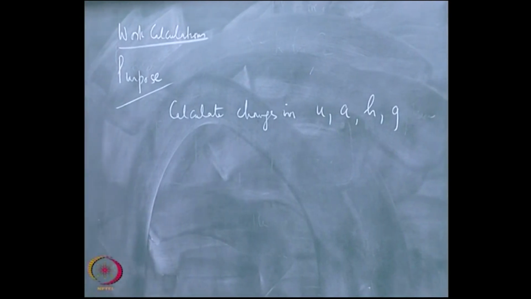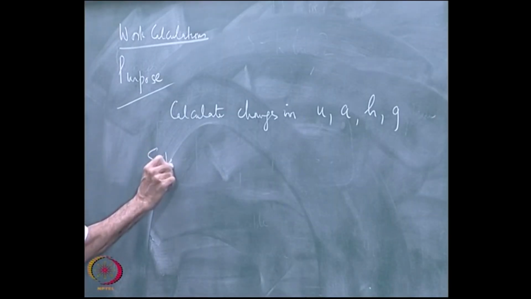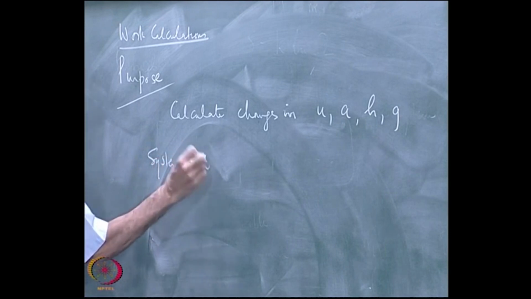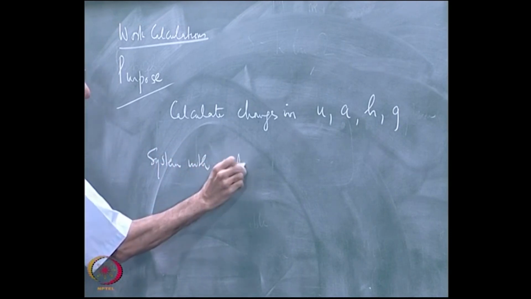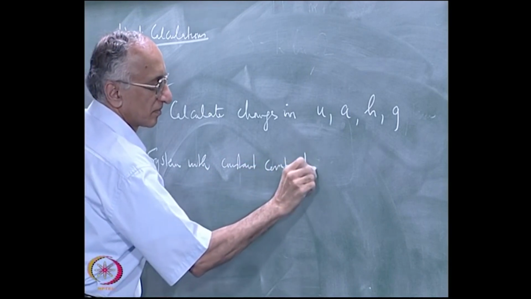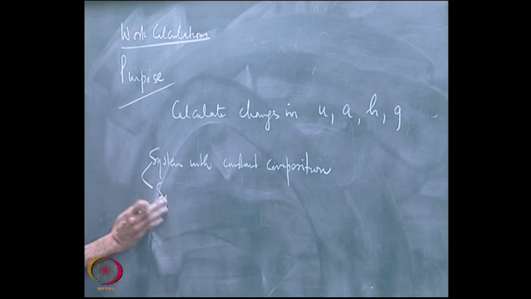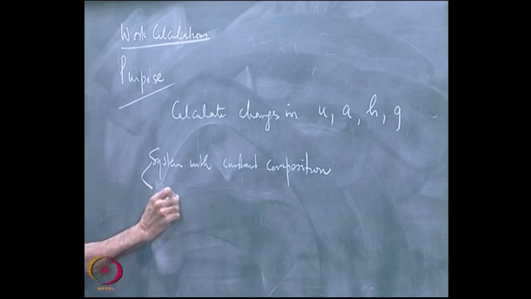For pure systems it is trivial, what is difficult is for mixtures. So we will set aside pure substances or systems with constant composition, discuss two cases, and then mixtures.